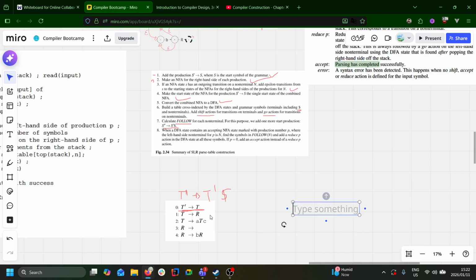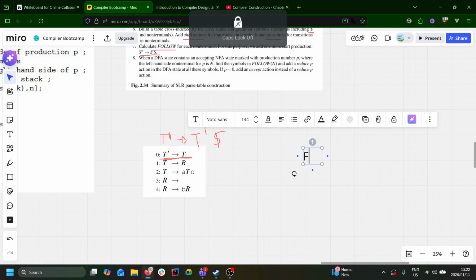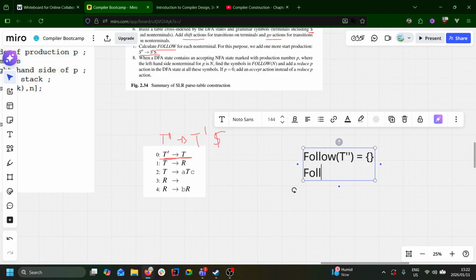The way it works is you look at each non-terminal. Let's find the follow of T prime prime. We look for where T prime prime is referenced on the right hand side, and we don't see it anywhere, so we're just going to have it empty. Then you find the follow of T prime. On the right hand side, where is T prime followed?